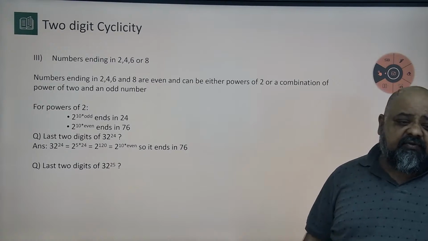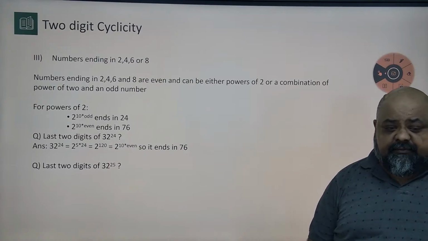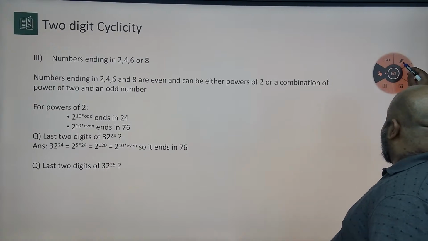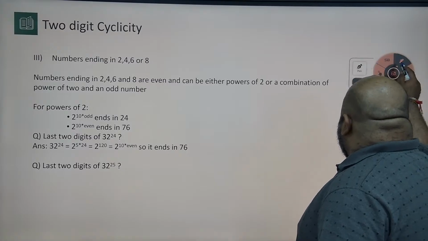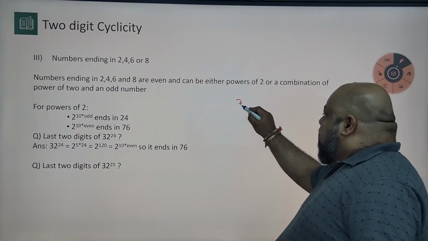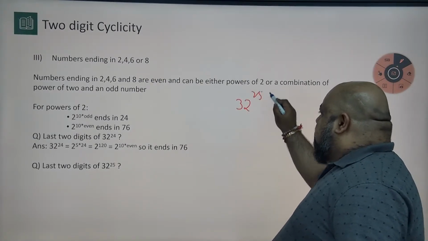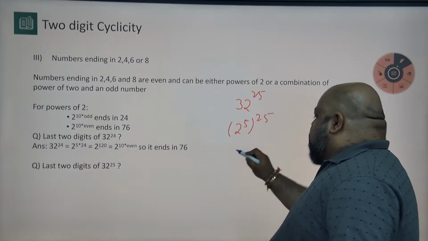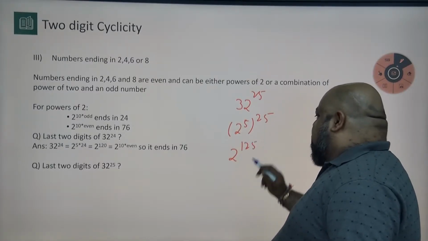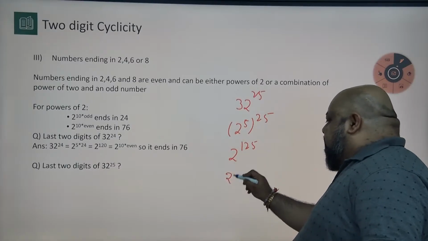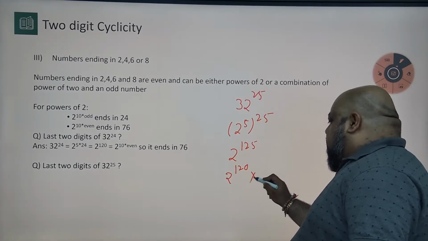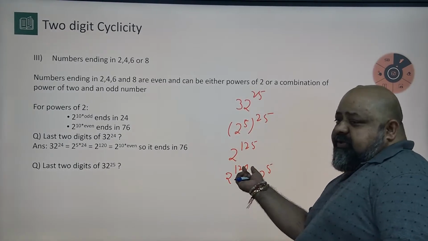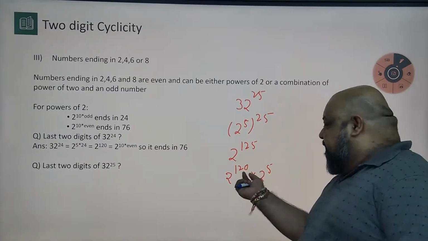Probably a better question would be 32 raised to power 25. So 2 raised to power 5 raised to power 25. So 2 raised to power 125. This is 2 raised to power 120 into 2 raised to power 5. I need the first term to be a power of 10 and a multiple of that.